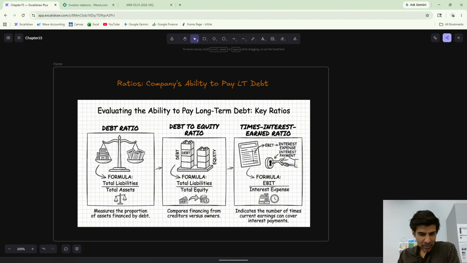Yeah. But the EBIT also just adds all the tax back, you know? So for return on assets, you actually want the tax that is paid out. The tax expense is real, you know? For times interest earned, it's okay to add the full amount because you have that full amount to pay off your debt.